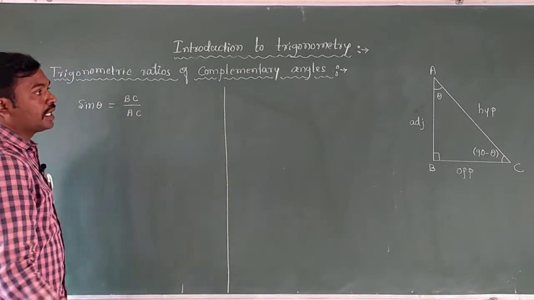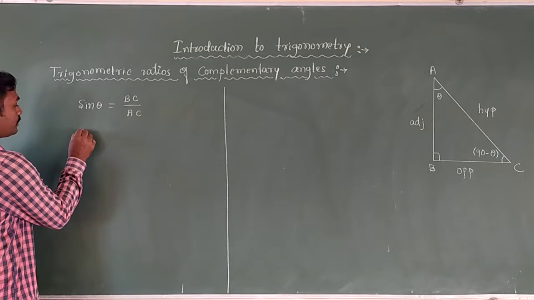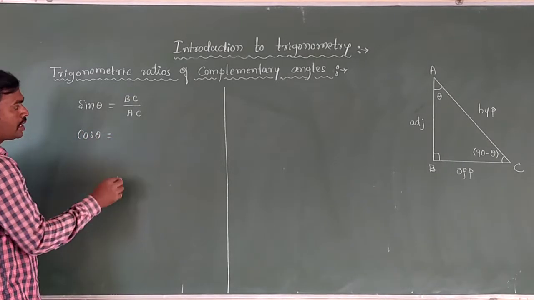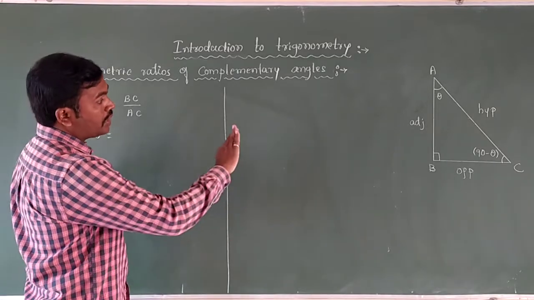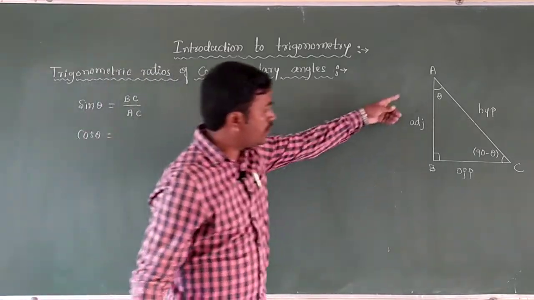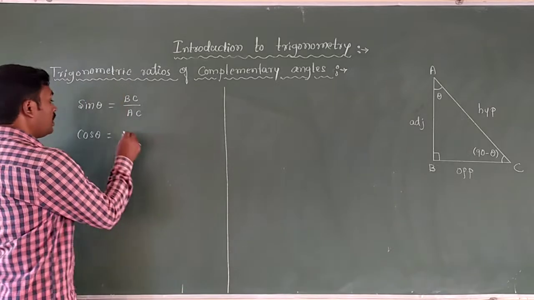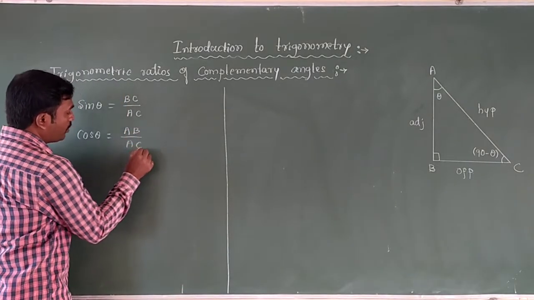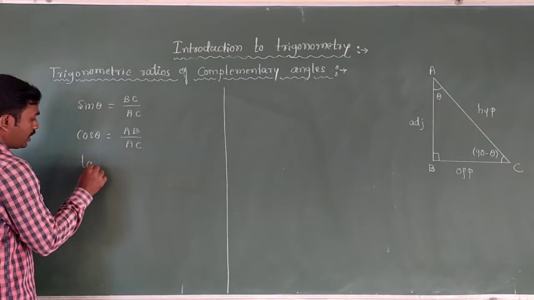Next standard ratio is cos theta. Cos theta is adjacent by hypotenuse. Adjacent is AB, so AB by AC.